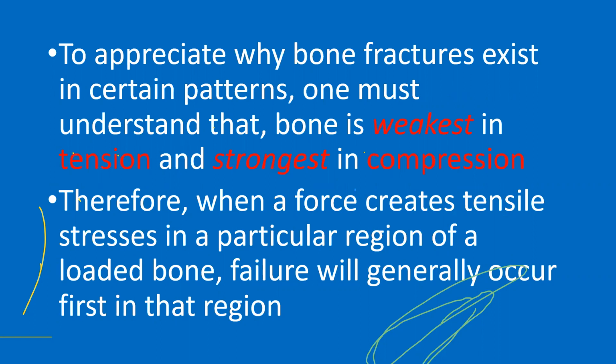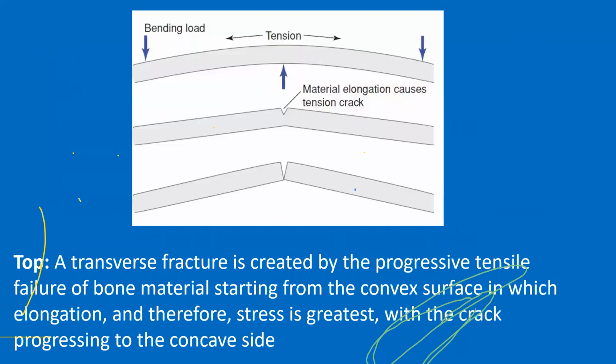Therefore, when a load creates tensile stresses in a particular region of a bone, failure will generally occur first in that region. Let me tell you, if you hold a bone and bend it, where does it break first? It will break on the convex side, and this is the strain side.